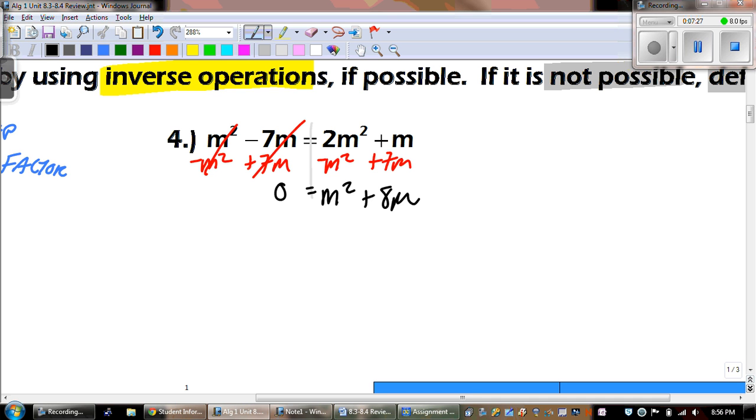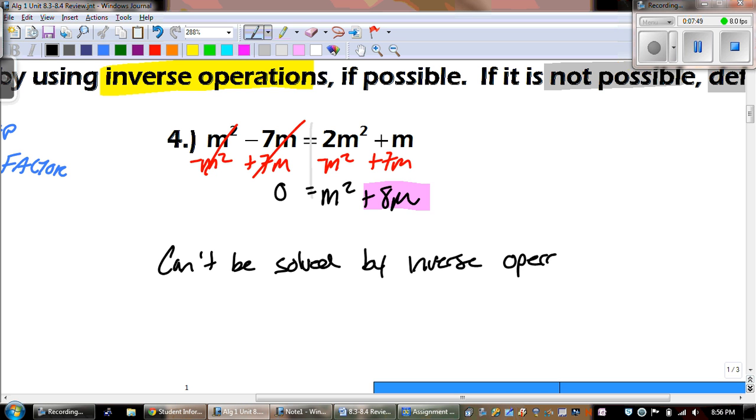So can I solve this by inverses? Why? That's a good reason why right there, okay? So this can't be solved by the inverse operations.